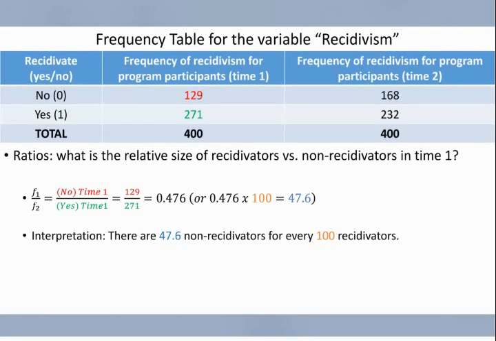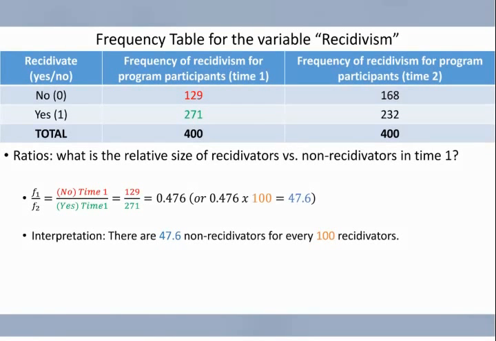We divide that and then we multiply that by 100. And multiplying this by 100 standardizes it a little more, so it's slightly more interpretable, right? And so what we find here is that our number is 47.6. And what does this mean? It means that there are 47.6 non-recidivators for every 100 recidivators, right?